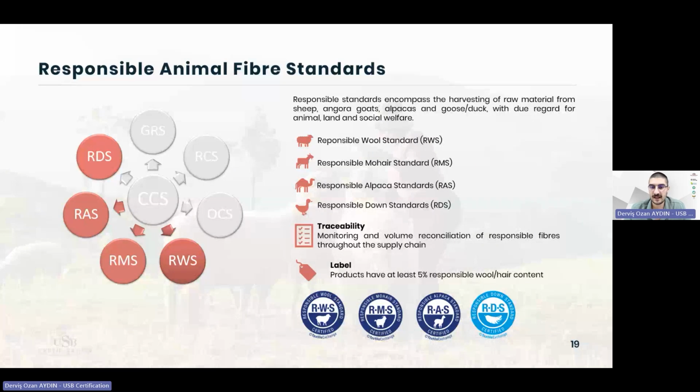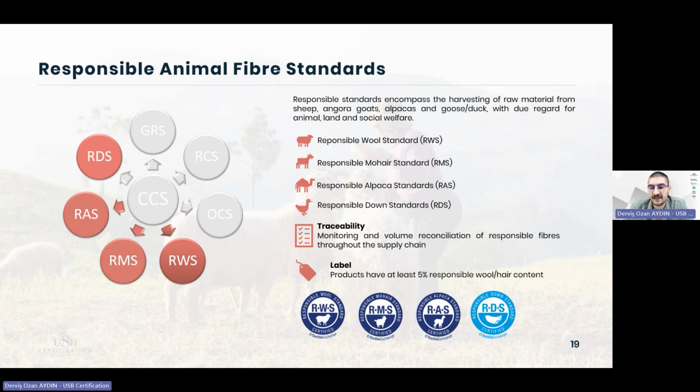And what are the standards under the Responsible Animal Fiber standards? They are the Responsible Wool Standard, which is for sheep, the Responsible Mohair Standard, which is for the animals called mohairs, and the Responsible Alpaca Standard and also the Responsible Down Standard.